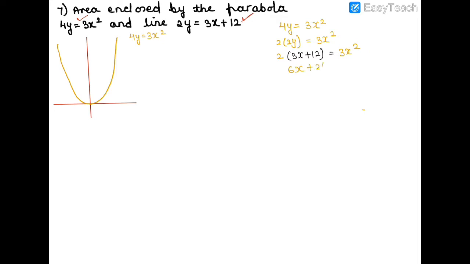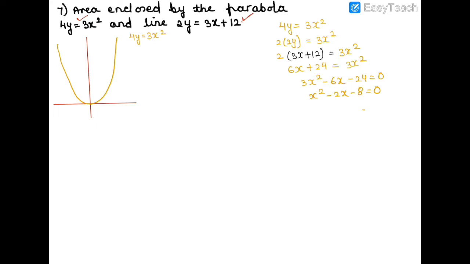This is 24 is equal to 3x square, and therefore 3x square minus 6x minus 24 is equal to 0. That is going to give me x square minus 2x minus 8 is equal to 0.